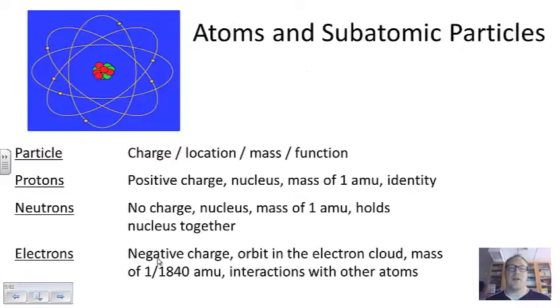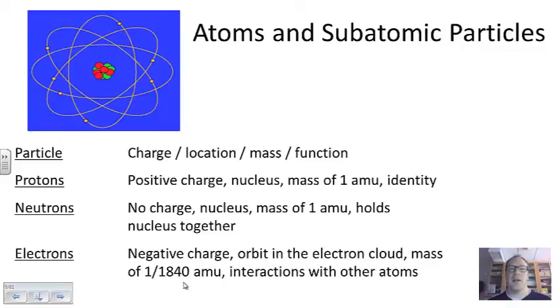Electrons are particles that orbit the atomic nucleus in what's called the electron cloud, or sometimes it's referred to as an electron orbital or energy level. And I don't really care what you call it. I just want you to know that electrons are not found in the nucleus of atoms. They have a negative charge, and their mass is pretty tiny compared to the protons and neutrons.